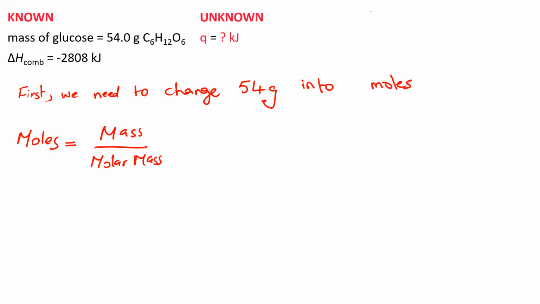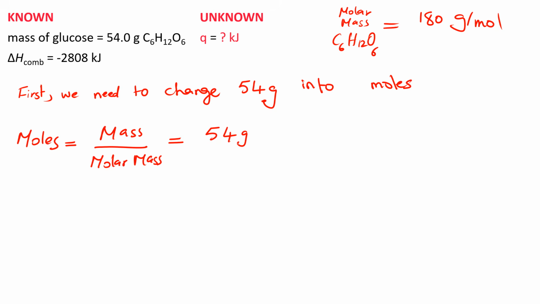Now the molar mass of C6H12O6 is equal to 180 gram per mole. طبعا هاي القيم غالبية الأحيان تعطاكم في الامتحان ولازم تستخدمونها. Okay, so you know that the mass here is 54 grams over 180 gram per mole.